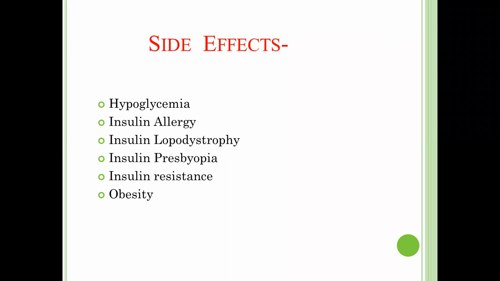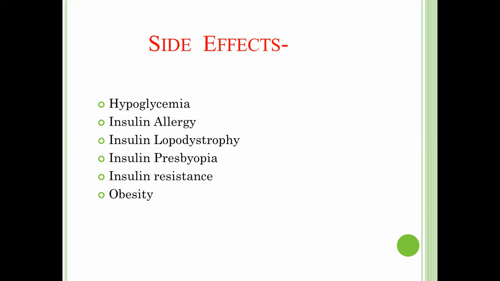So the first side effect is hypoglycemia. It is a common adverse effect in which too large a dose of insulin is injected. It occurs due to too large a dose of insulin injected and failure to eat a properly balanced diet. If a properly balanced diet is not taken, it leads to hypoglycemia.